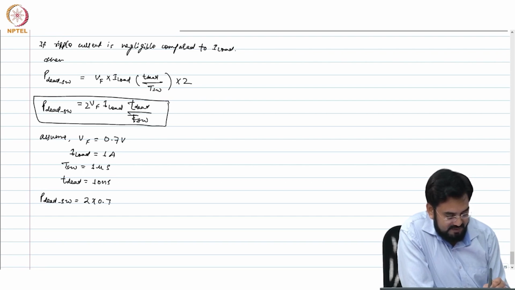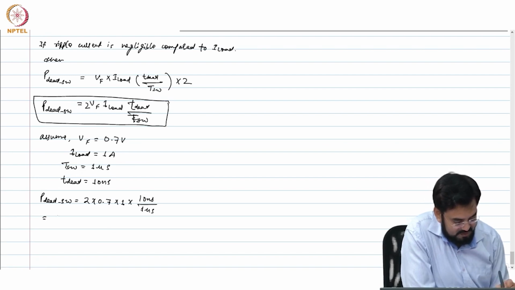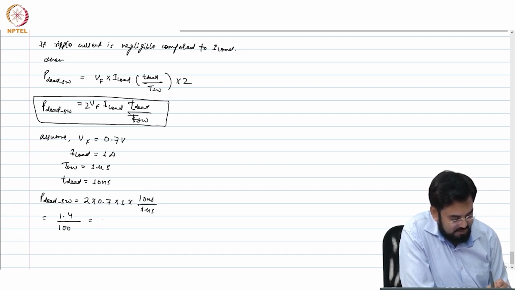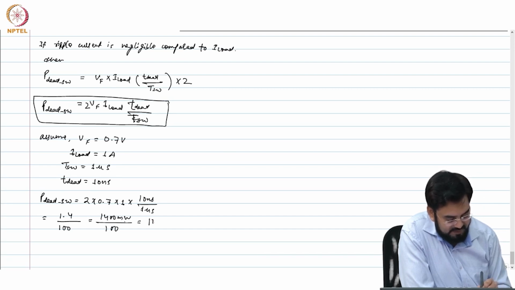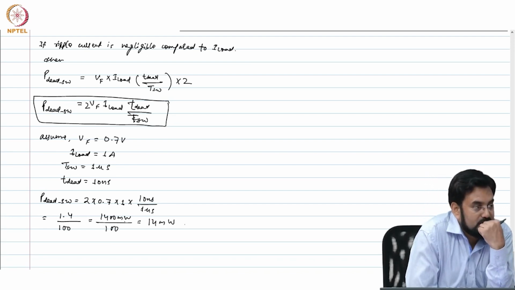Two into 0.7 into 1 into, which is so much, 1.4 divided by 100. How much? So 1400 milliwatt divided by 100, 14 milliwatt. Okay, correct, which is quite huge.